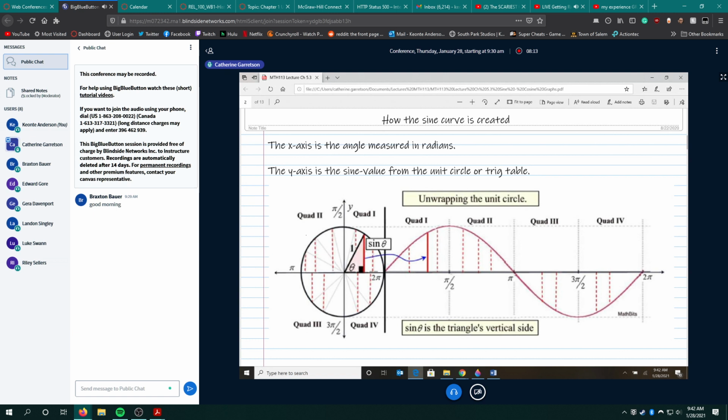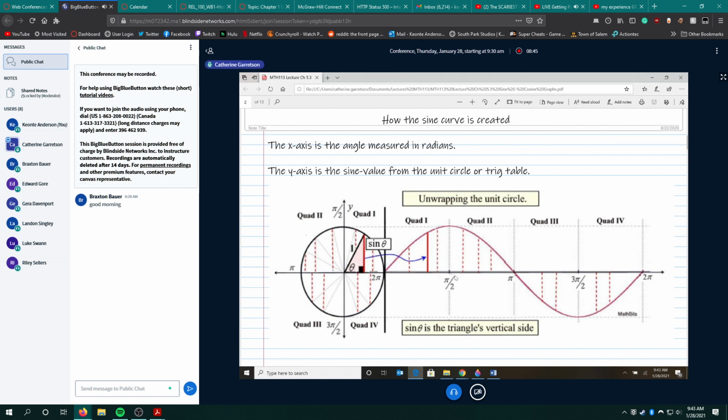So what they're doing right here is making a small snapshot of a wave, but that wave keeps going infinitely to the right and infinitely to the left. Now, how high this goes comes off of the unit circle. And so what it's really doing is it's the sine curve.